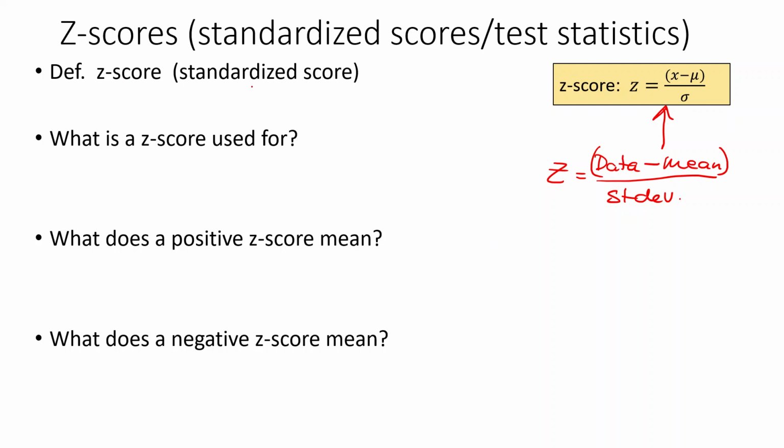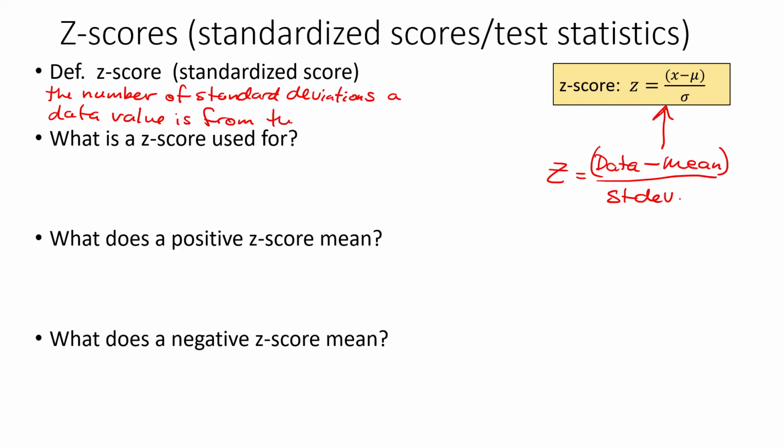All right, so what is a z-score, or what is a standardized score? It's the number of standard deviations a data value is from the mean. All right, what is the z-score used for?